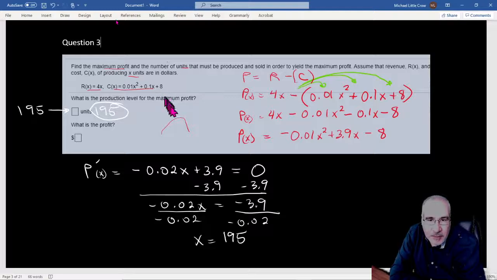What is the profit? Then we've got to plug 195 into the profit function, not the derivative function, the profit function.